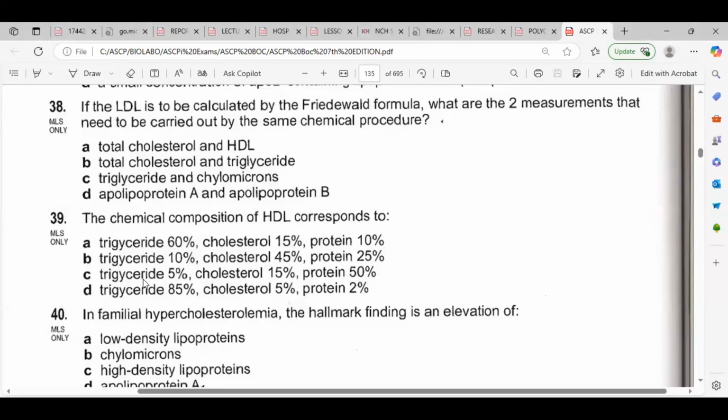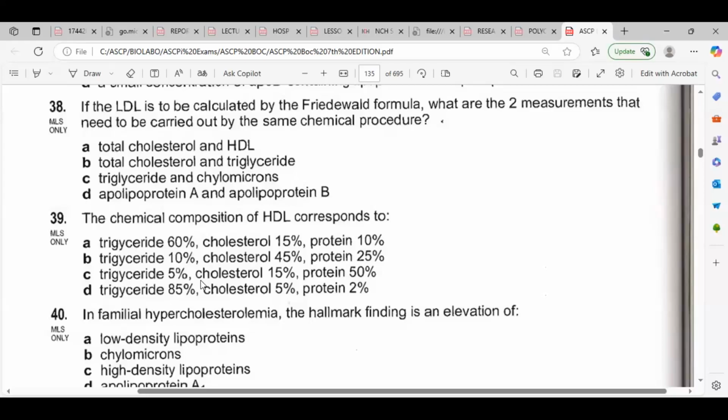What you answered as C is correct, because triglyceride is very low. When a lipoprotein is high density, it is very heavy. That's why you call it density.